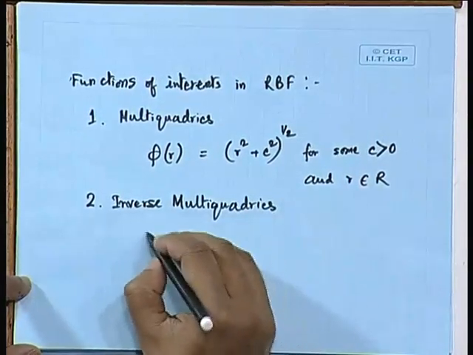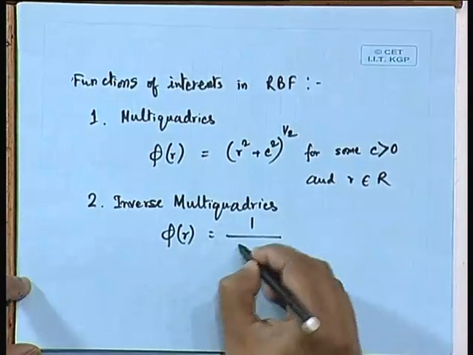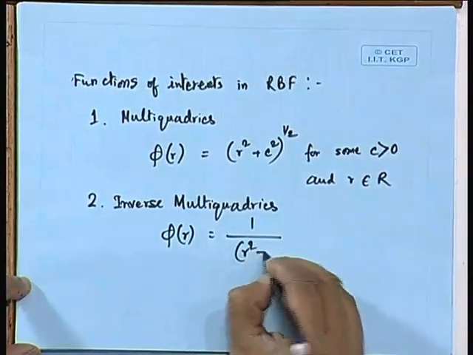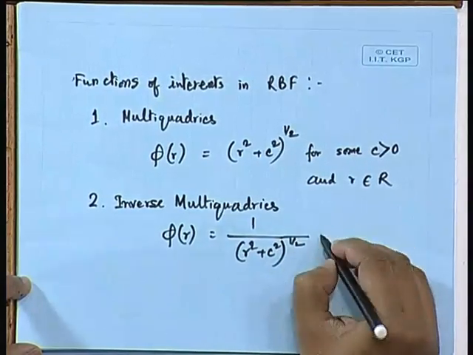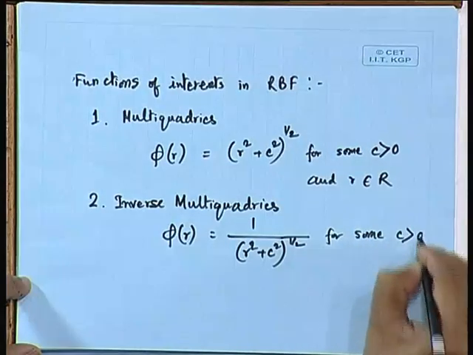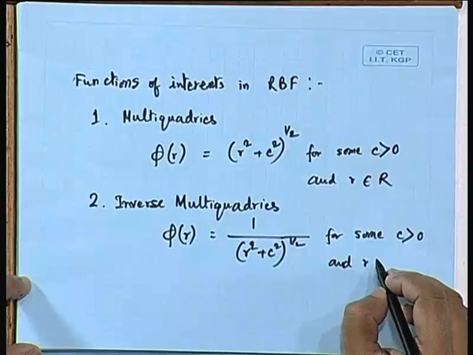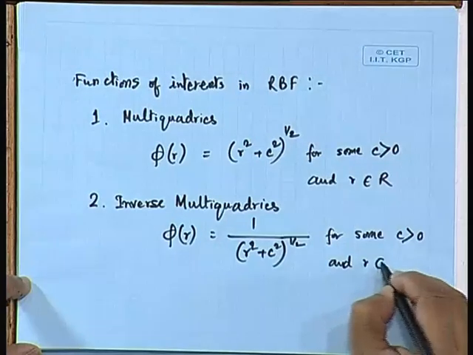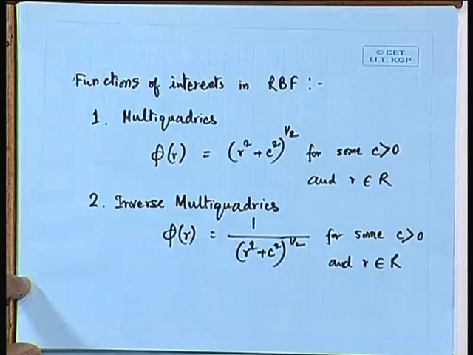The inverse multi-quadric is given as phi(r) equal to 1 by (r square plus c square) to the power half, for some c greater than 0, and r belongs to the real space.